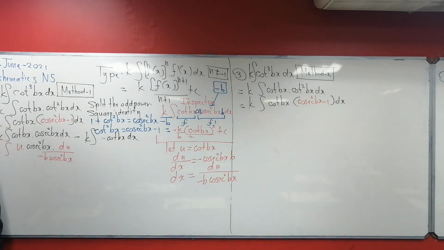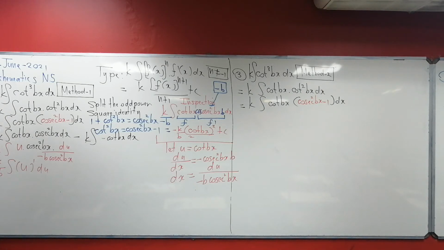Now you can see the exact derivative always cancels. That and that cancel. So remember, you got 1 on the top, divided by minus b. I told you, take your fraction, multiply it by the fraction in front, always. So that's going to be k over negative b. And then I got the integral of just u to the power 1 du. That's what happens now, because cosec squared and cosec squared cancelled.